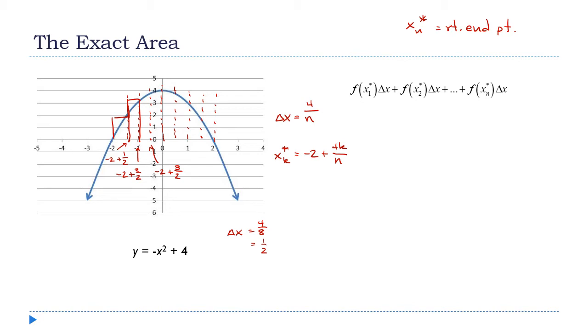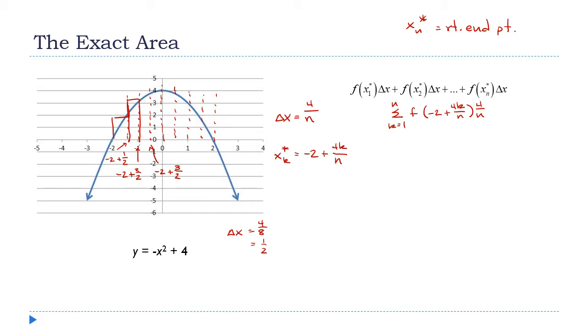Those are the numbers that I'm going to put into the function. So what is my Riemann sum then? My Riemann sum is the sum k equals 1 to n of f of -2 plus 4k over n times delta x, which is 4 over n.